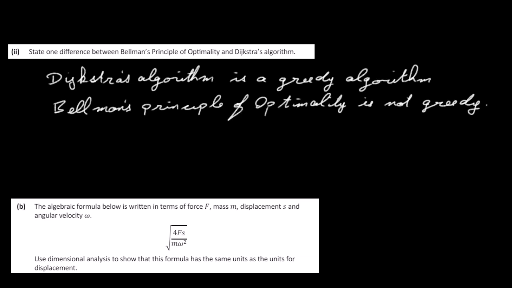We could also say here that Dijkstra's algorithm can't have negative values, but Bellman's principle of optimality can have negative values. But we were only required to state one, so that's it for part 2.